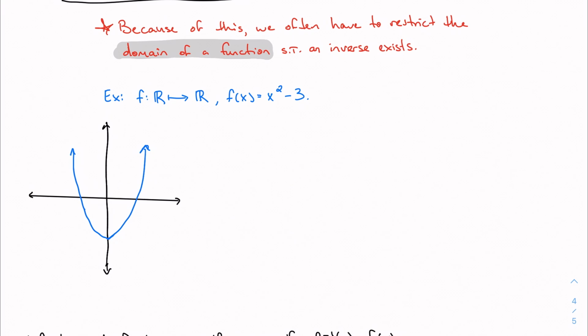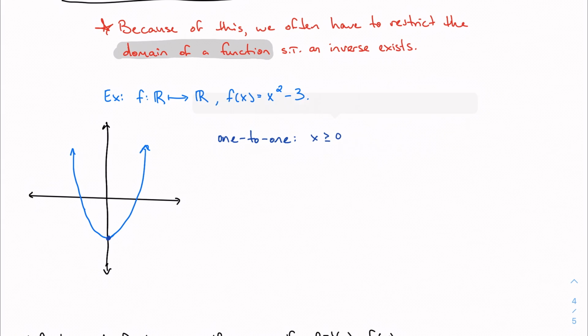So in order to make this function one-to-one, I could restrict the domain in two ways, right? I could take all of the x values less than 0, or I could take all the values greater than or equal to 0. We typically prefer to take the positive option.